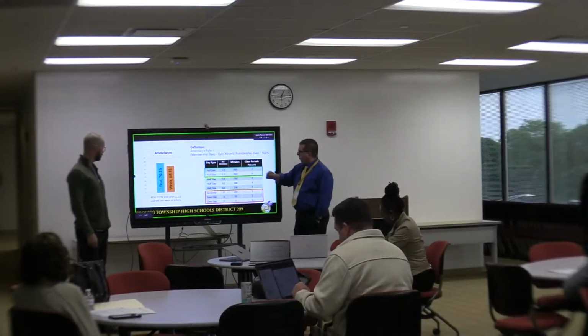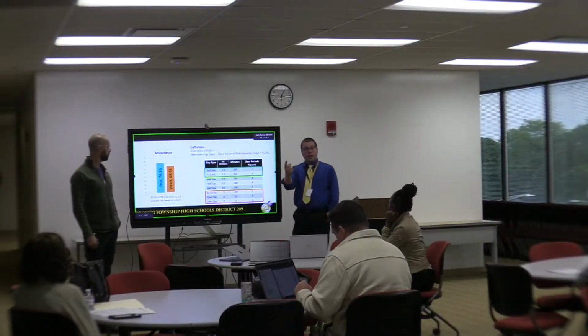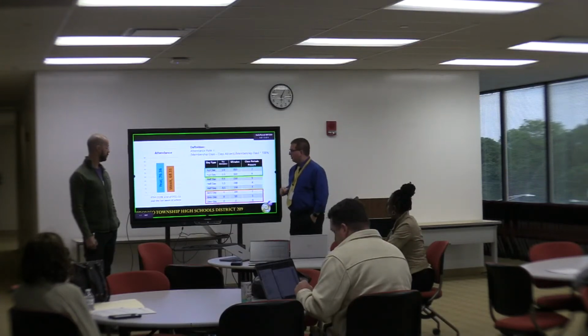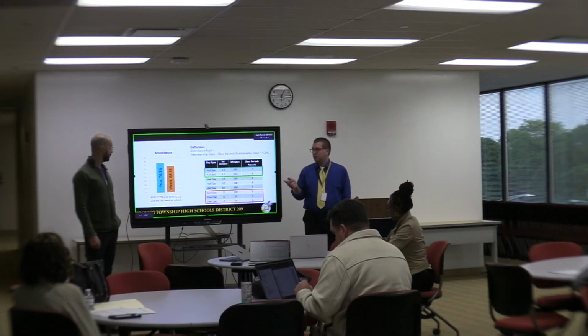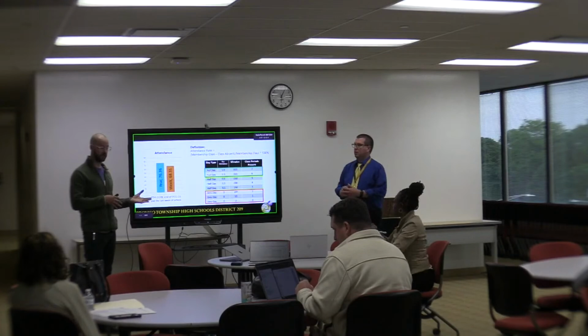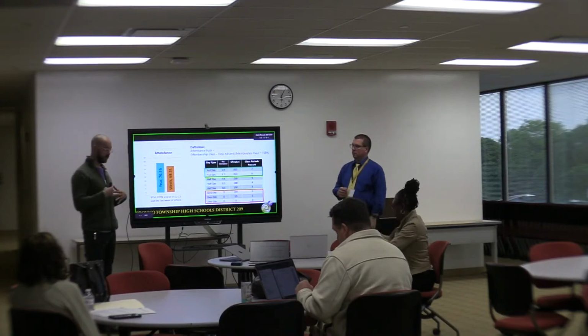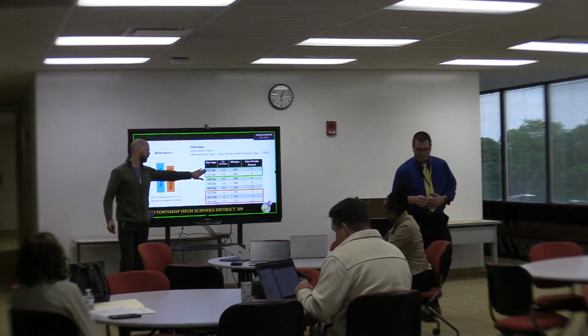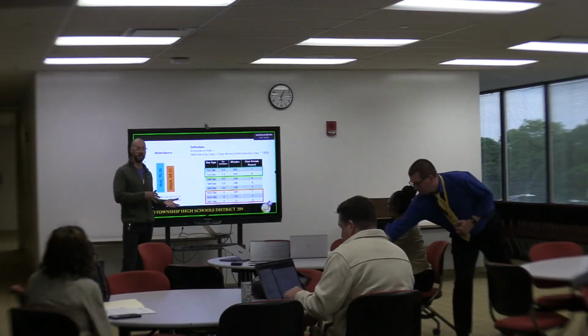If they have 300 minutes, they miss one class, they still get a full day of attendance. So with the Illinois State Board of Education, when our teachers are taking attendance, these are the only 3 options when we are reporting to the state of Illinois.